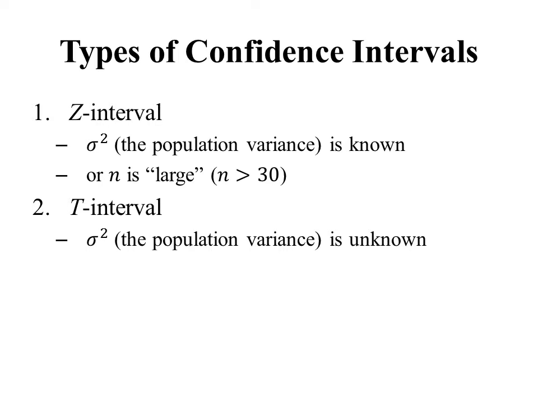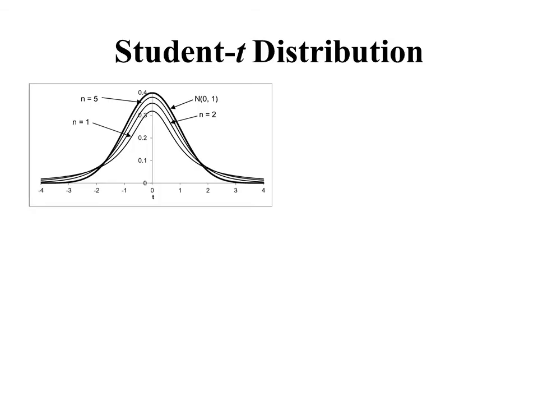Now, the t interval is called a t interval because the critical value comes from the student t distribution. So let's briefly review the student t distribution. Student t distribution has a density curve that looks very similar to the standard normal bell curve. And so in this picture, the dark black line is the standard normal bell curve.